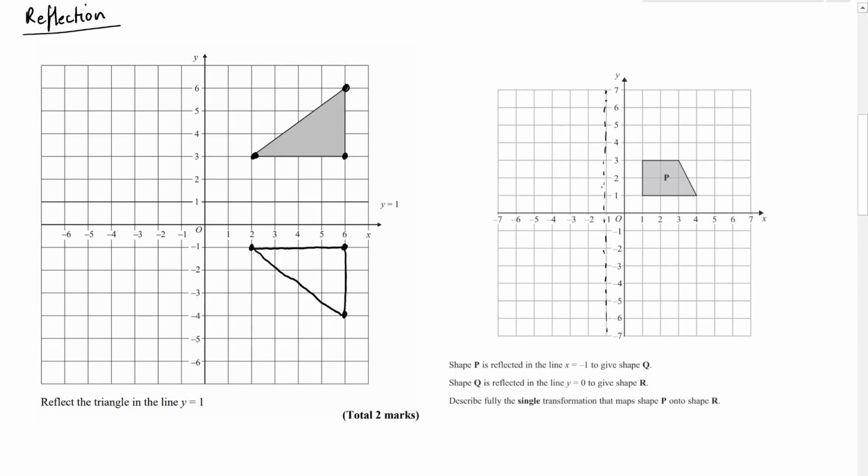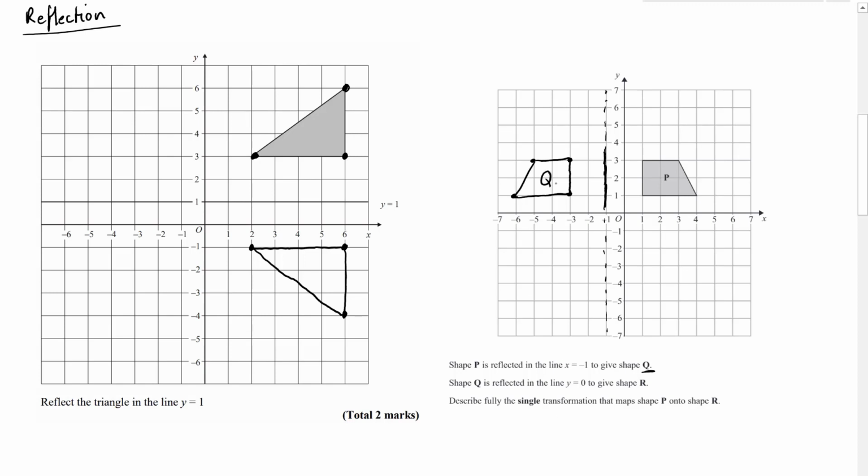So we want to reflect it in this line. This is the important part of the line, because that's the part we need to make sure is equidistant. It's very similar to the previous question where they're two away, so they need to be 2 away. So we're going to have that, and then you can just draw the reflection of this going across here. So this is the reflection of P, and they've told you that this should give shape Q.